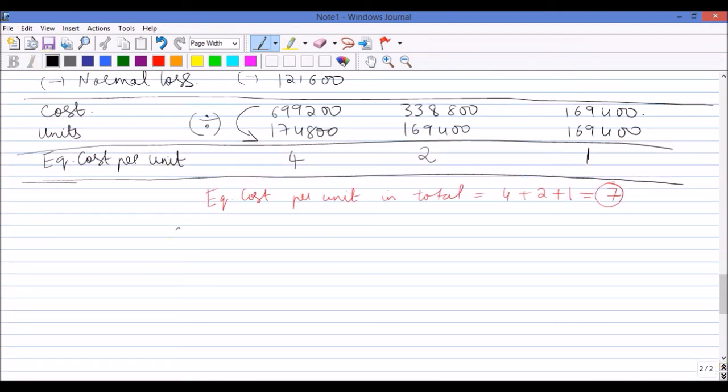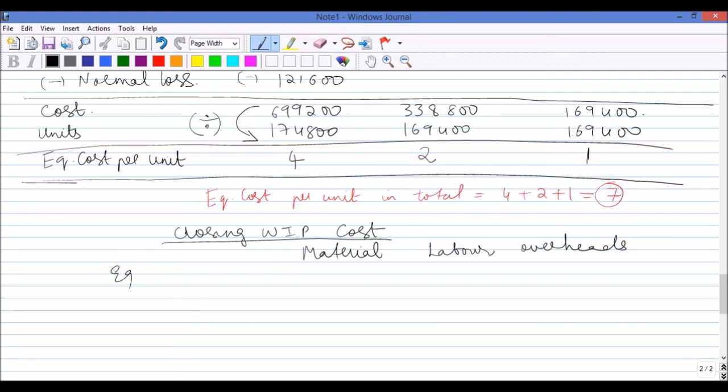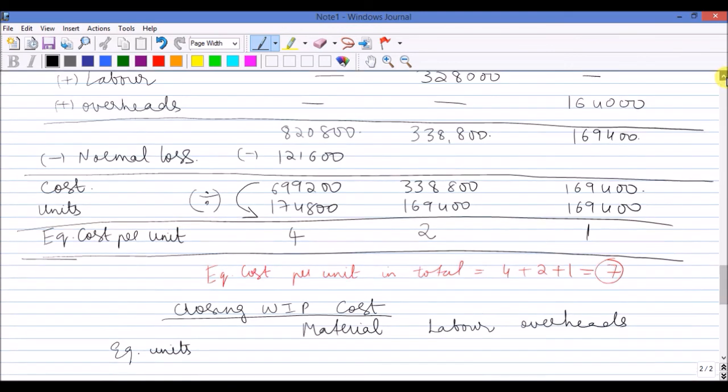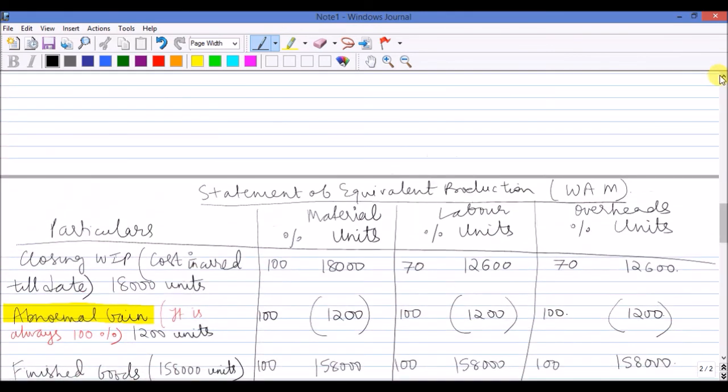So now we are going to get the closing work in progress cost. It has taken materials, it has taken labor, and it has taken overheads, and we have to get its equivalent units. This time I've changed the pattern compared to the last sum, in the sense I've changed the presentation.